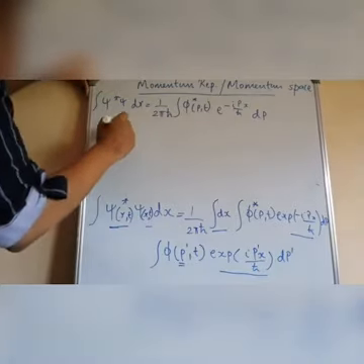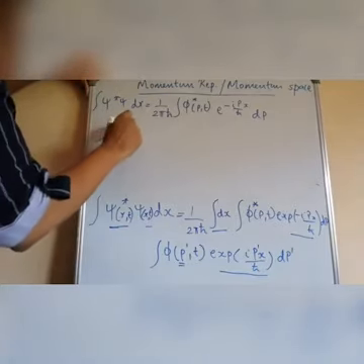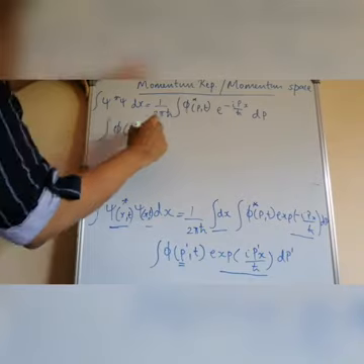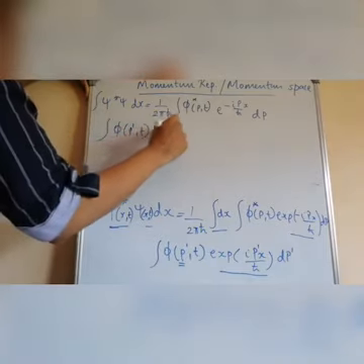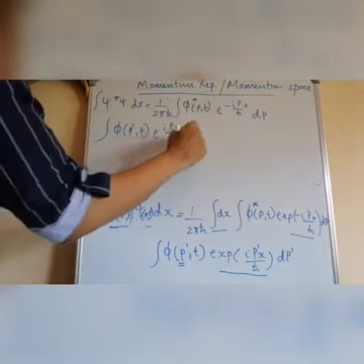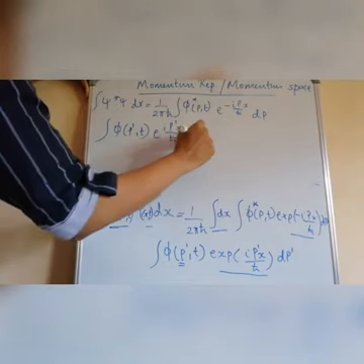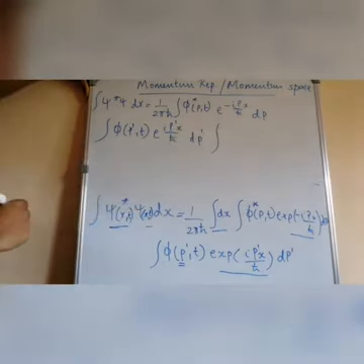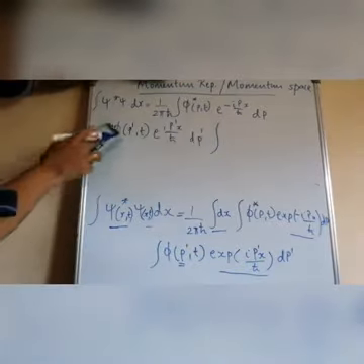Okay, integral phi of p prime, that is a variable, e raised to i p prime x by h cut, dp prime, into the integral over x. I forgot one thing.